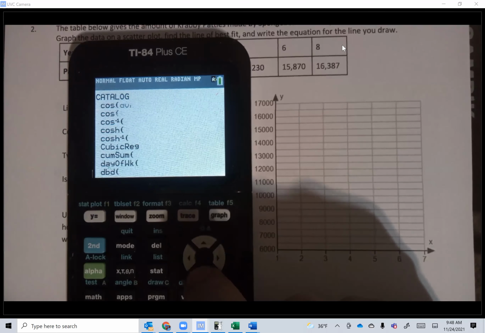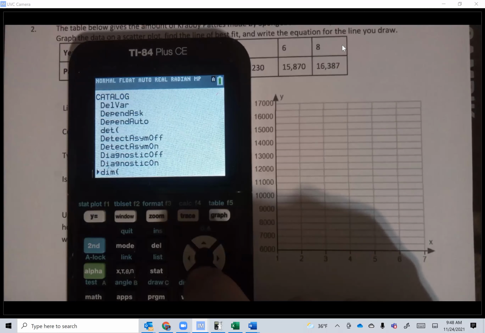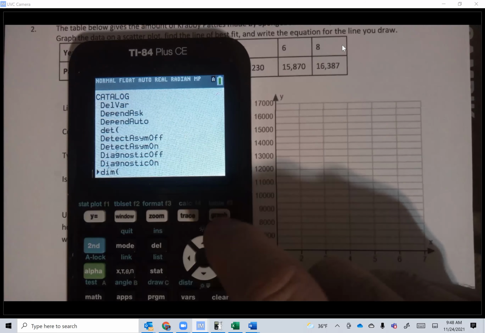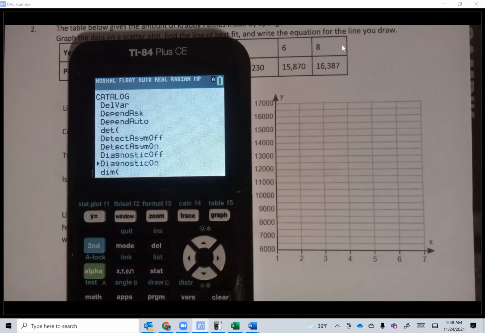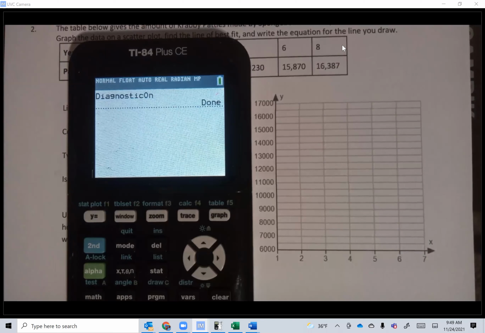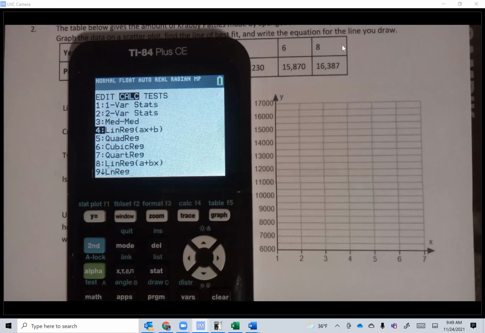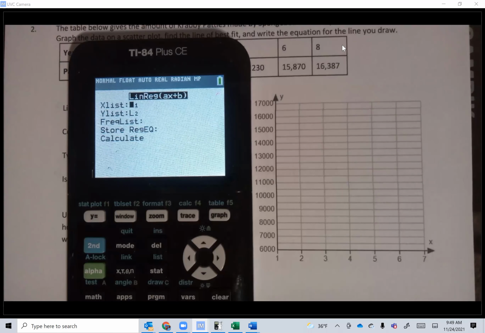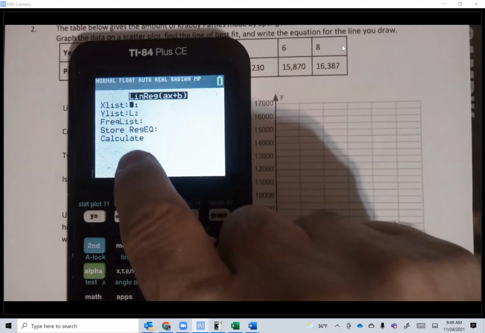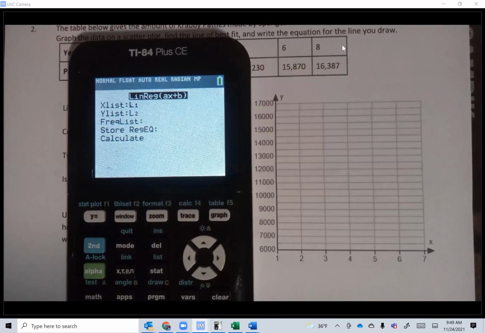I don't know if there's a shortcut to get there quicker. Diagnostic on and press enter, and enter, that's it, until it says done. So again, you go to stat, calc, number 4, and check L1, L2, hit calculate and give me the value of R, guys.